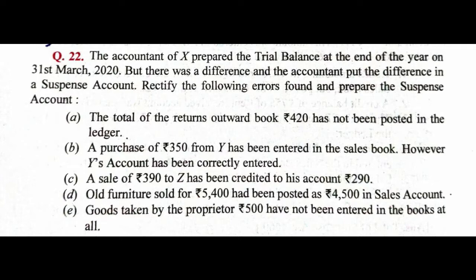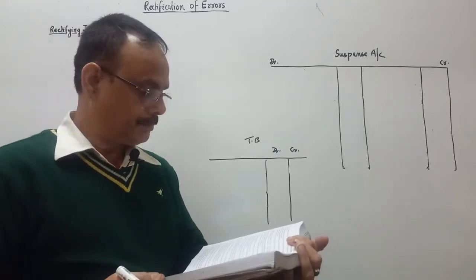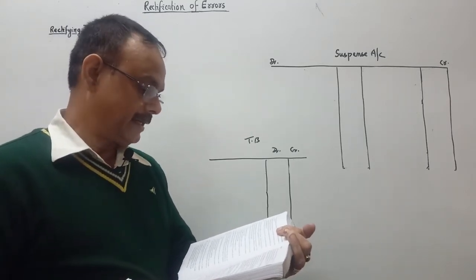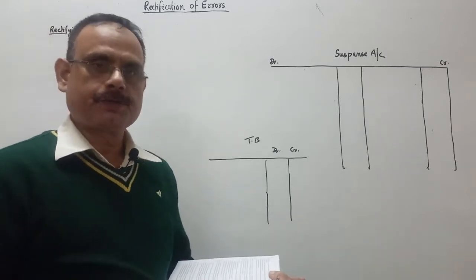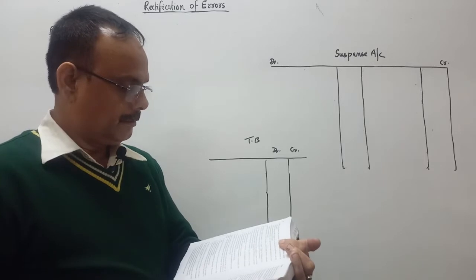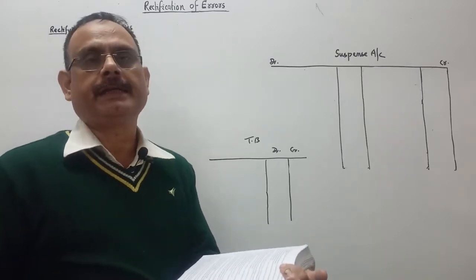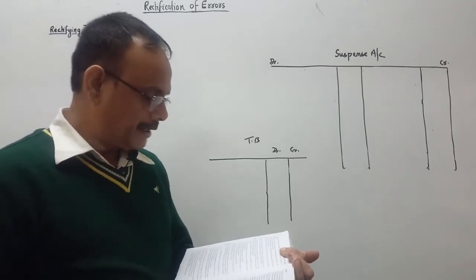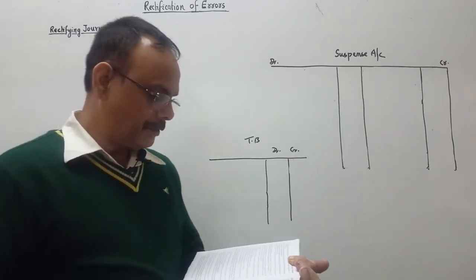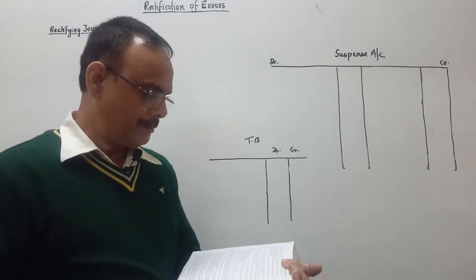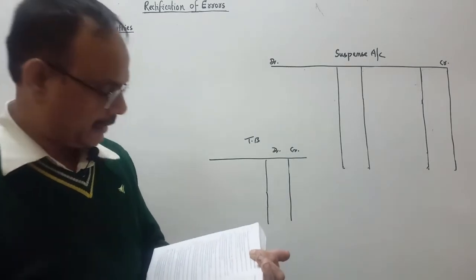The accountant of X prepared the trial balance at the end of the year on 31st March 2020, but there was a difference and the accountant put the difference in a suspense account. Rectify the following errors found and prepare the suspense account.